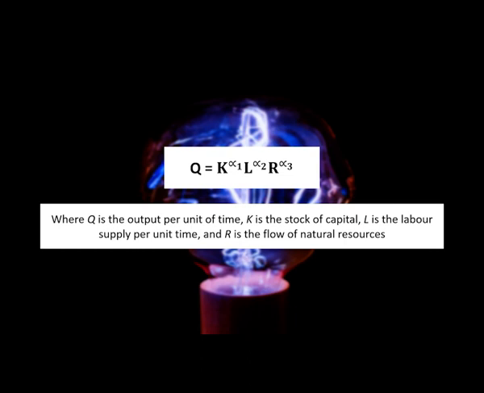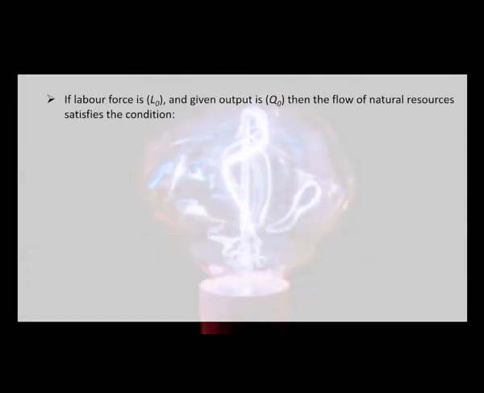From this, it can be inferred that with a constant labor force L0, one could obtain any given output Q0 if the flow of natural resource satisfies the condition R^α3 = Q0 / (K^α1 L^α2).